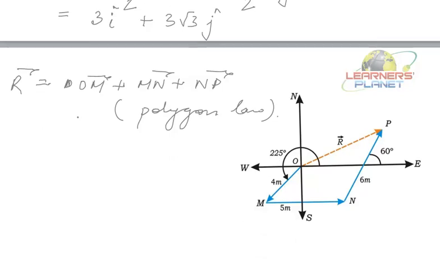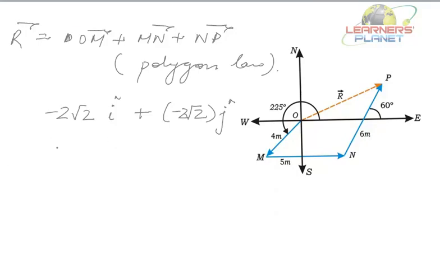So if we add OM, MN and NP, OM was minus 2 root 2 i cap plus minus 2 root 2 j cap. MN was 5 i cap plus 0 j cap, and NP was 3 i cap plus 3 root 3 j cap.